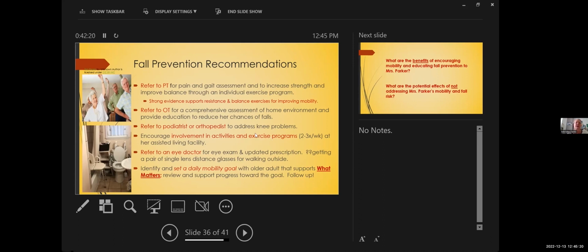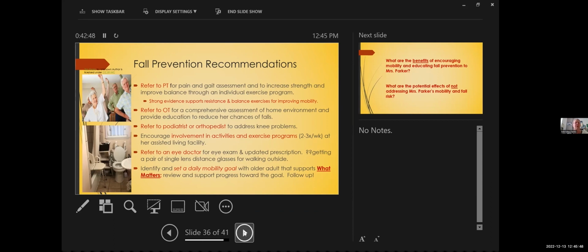This can be a group exercise program where she's getting feedback about what she's doing and safety with those, or we could give her some basic exercises that are safe she could do at home. We mentioned looking at the vision already, and then maybe asking her what matters, what is important to her, what her goals are, and following up with those.